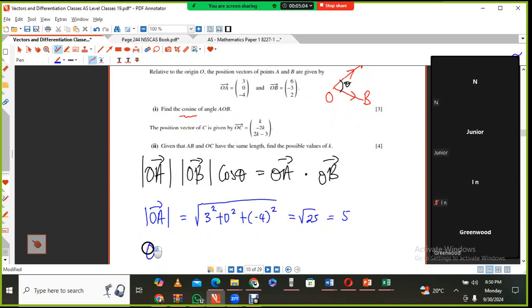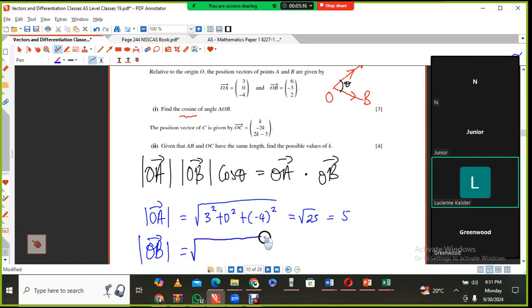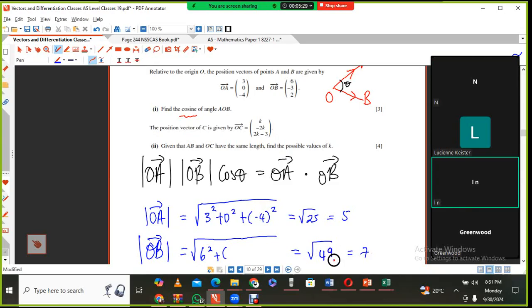Let's take the magnitude of vector OB. I'll give you a few seconds to see who can give me the correct answer. 7. The magnitude of OB is 7, correct.